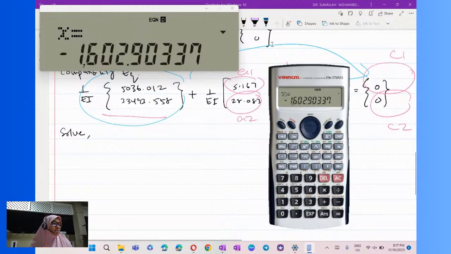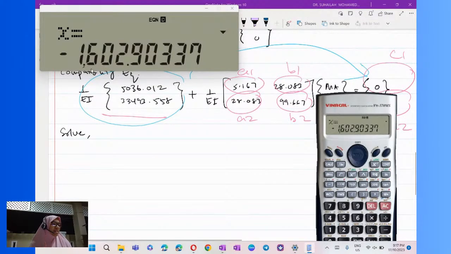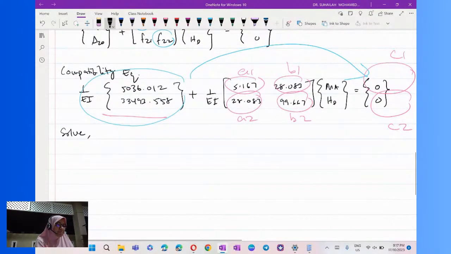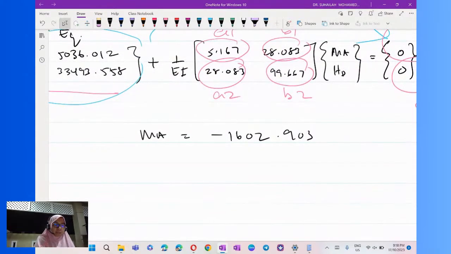So MA value is negative 1602.903 kilonewton meter.